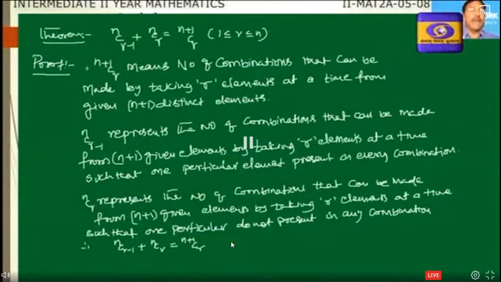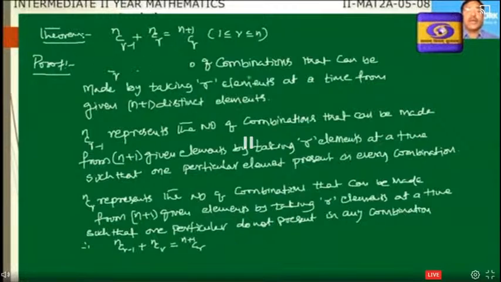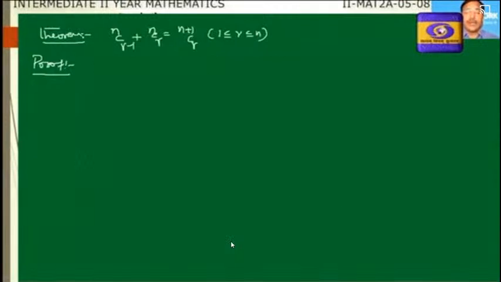By using the formula nCr is equal to n factorial by r factorial into n minus r factorial. So, the second method. Now let us take LHS: nCr minus 1 plus nCr.